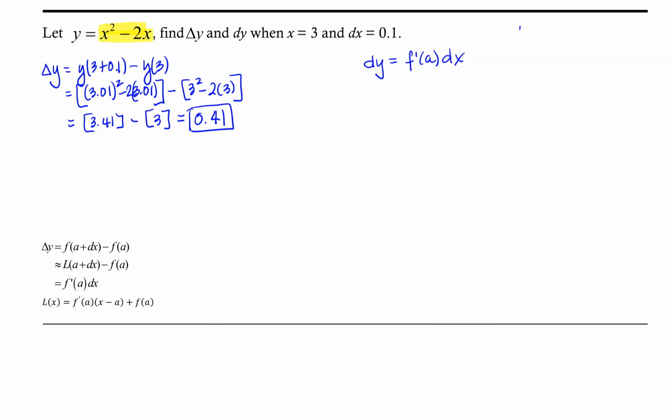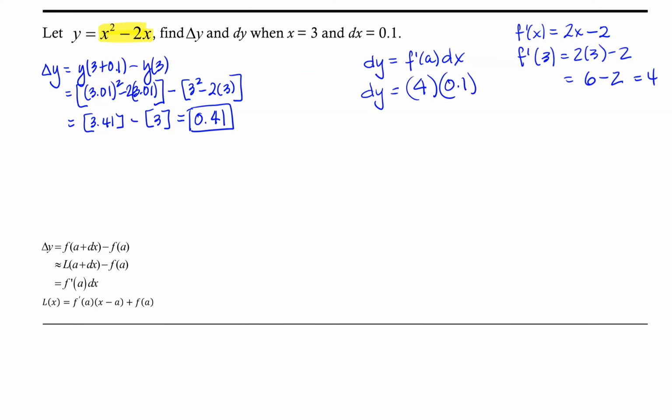So f prime of x is equal to 2x minus 2. f prime at a, or f prime at 3, is 2 times 3 minus 2, which is 6 minus 2, or 4. So that's our f prime of a, and we were told our dx is 0.1. So our dy is equal to 4 times 1/10, and we get 0.4, or 4/10.